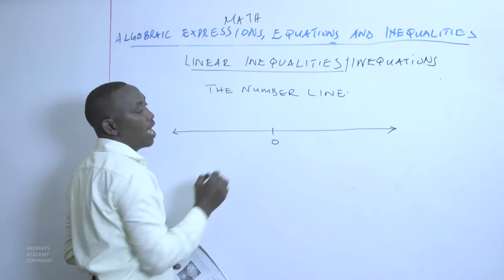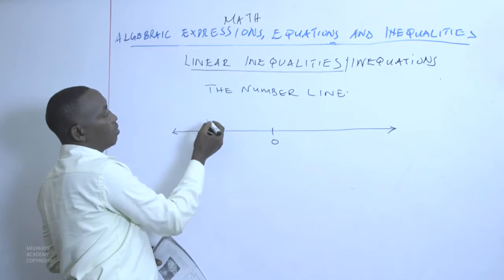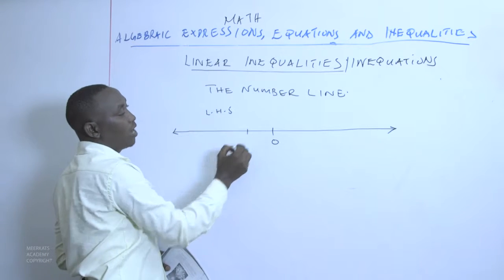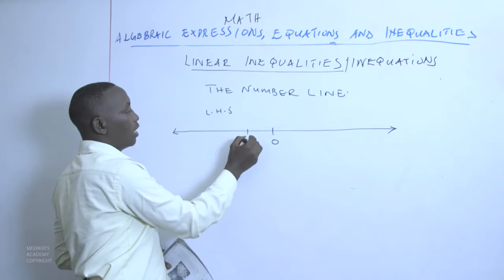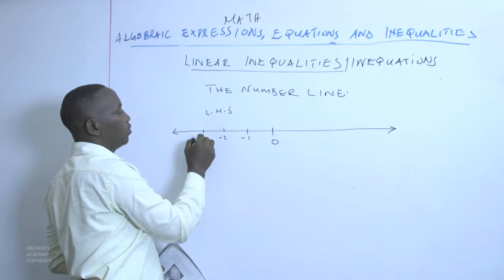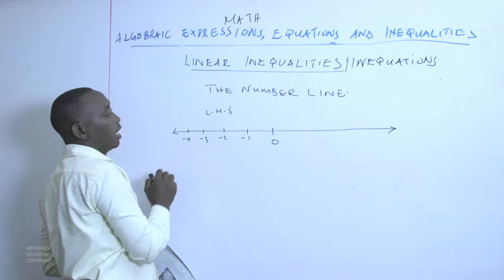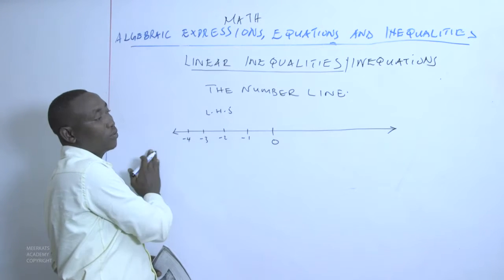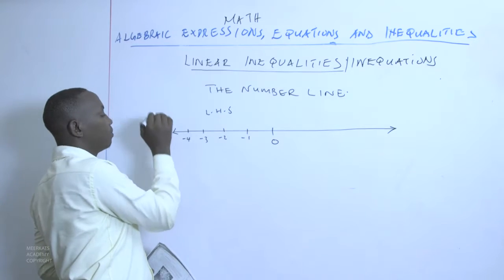We have a 0. On the left-hand side, we are going to have negative integers, -1, -2, -3, -4, and it continues. The arrow shows that the integers continue to negative infinity.